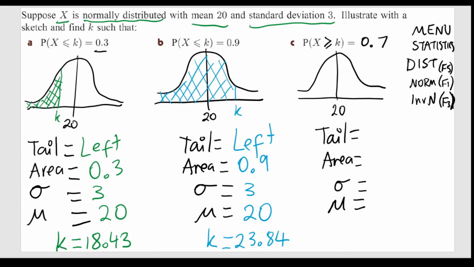In our third example, we have got a slightly different inequality. So we have the probability that x is greater than k is equal to 0.7. So when we're looking at values that are greater than k, and we're looking for an area under the curve of 0.7, which means about 70%, we're looking at something like this one here.